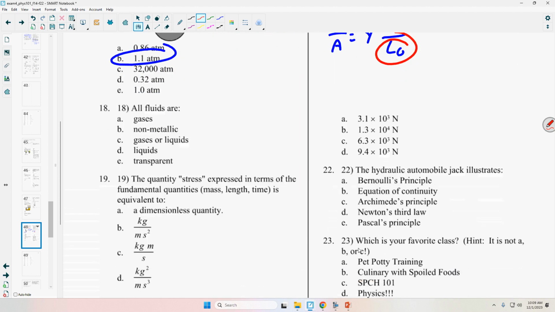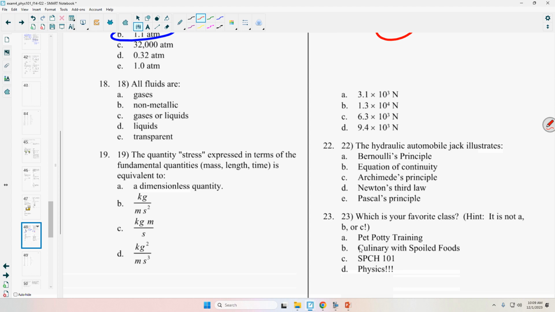Make sure you know all your principles too and what they represent. This is a good listing of them. We have Bernoulli's principle, the equation of continuity, Archimedes' principle, and Pascal's principle. All four of those came up. Bernoulli's principle is the principle behind an aircraft wing.